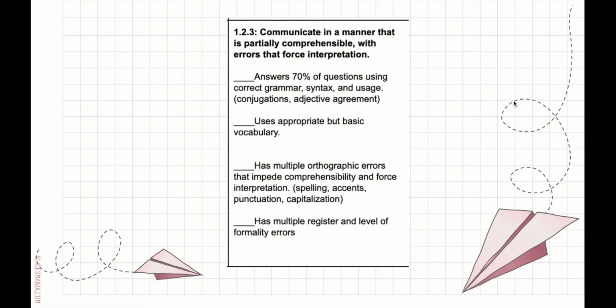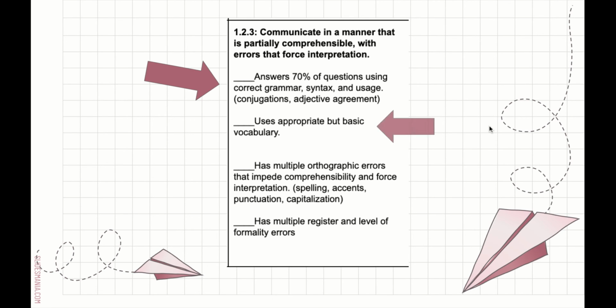Next, with the comprehensible part of it, your answers should be 70% correct in grammar, syntax, and usage. So that'd be conjugations and adjective agreement. So it's important to go back and look at your response before turning it in, making sure all that's correct.